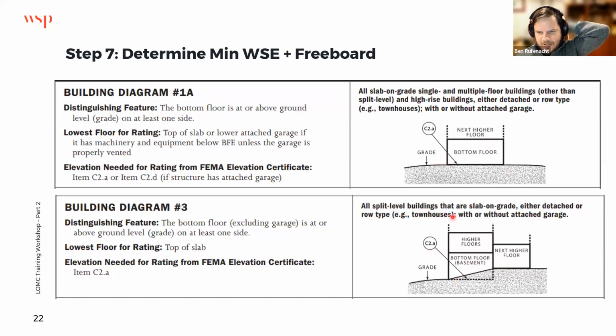So a couple of examples here of where the elevation that we need to check our freeboard against, that needs to be a foot above our BFE, is at the lowest floor here. The C2A elevation in both of these examples.